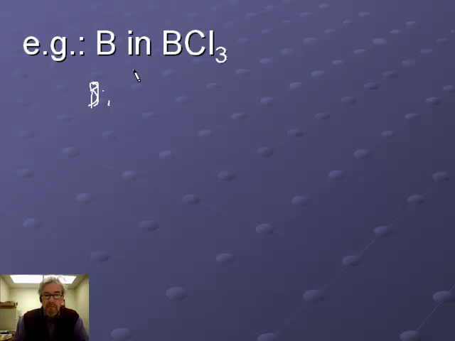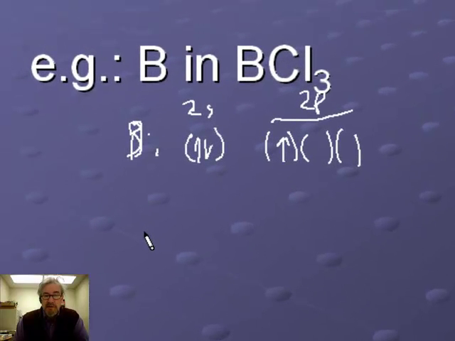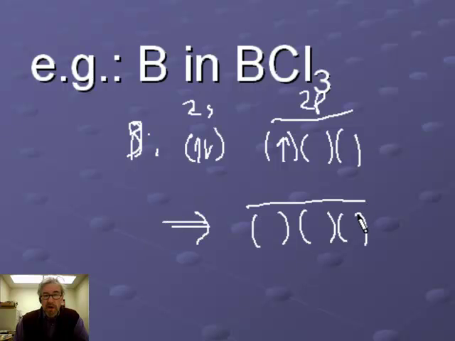Valence shell, 2s full, and 2p has one electron in it. I'm going to draw it like that. In BCl3, boron has to be able to overlap in three different places, and so this is the kind of hybridization that takes place. Three hybrid orbitals are formed from the s and two of the p orbitals.